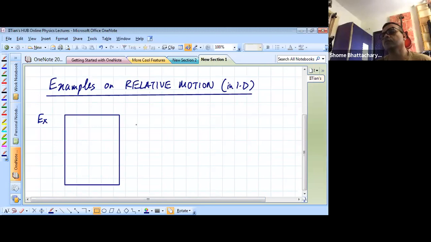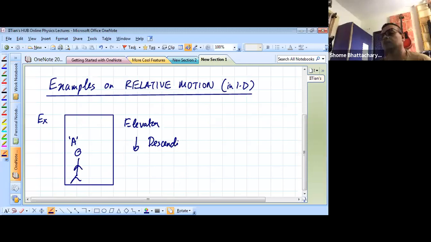So here's an example for all of you. We have an elevator, and there is a person inside it. Let us say this is person E, and this elevator is descending at uniform acceleration.